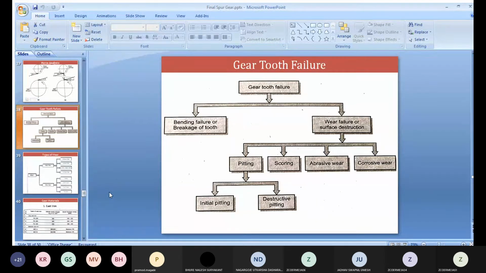Next, destructive pitting. It will form due to repetitive contact stresses.